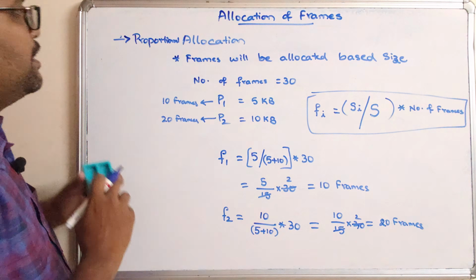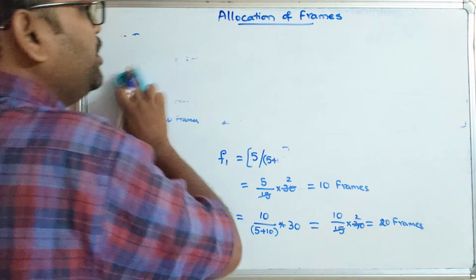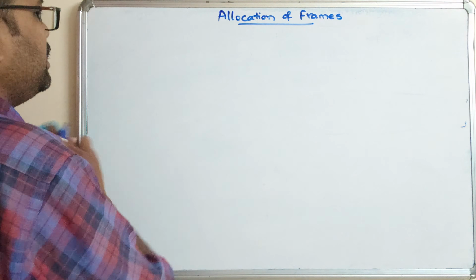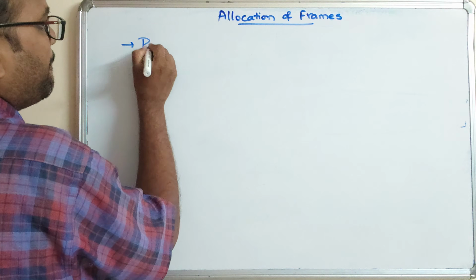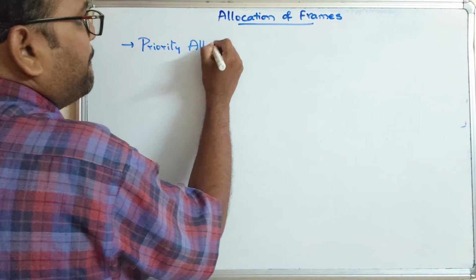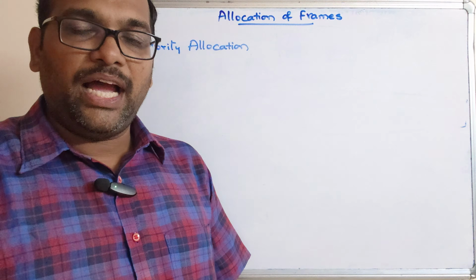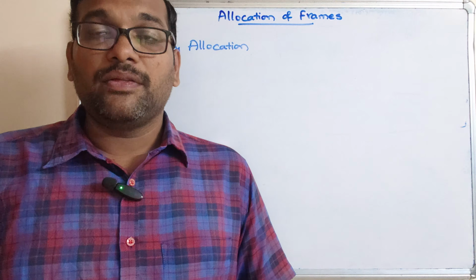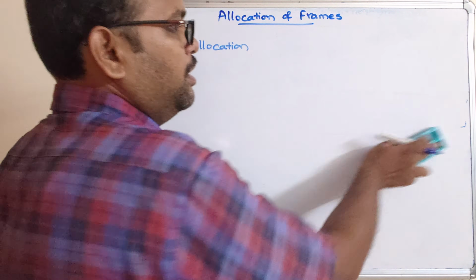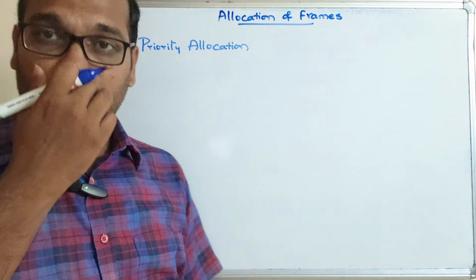Next, the next one is priority allocation. As we have said, we know that if any process with a high priority comes to the CPU, it will first complete its execution for that particular process. That means based upon the priority, the process will be allocated.